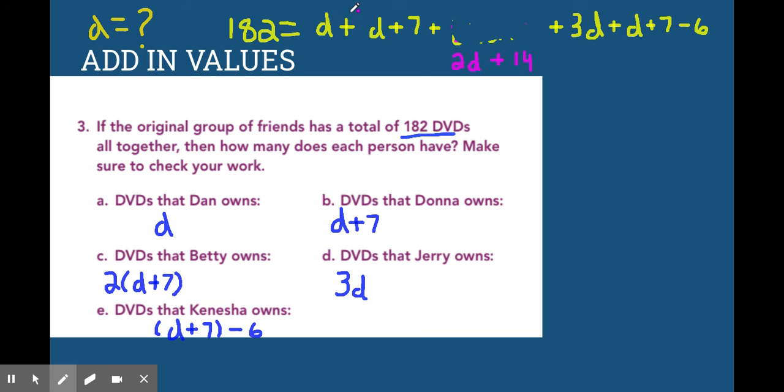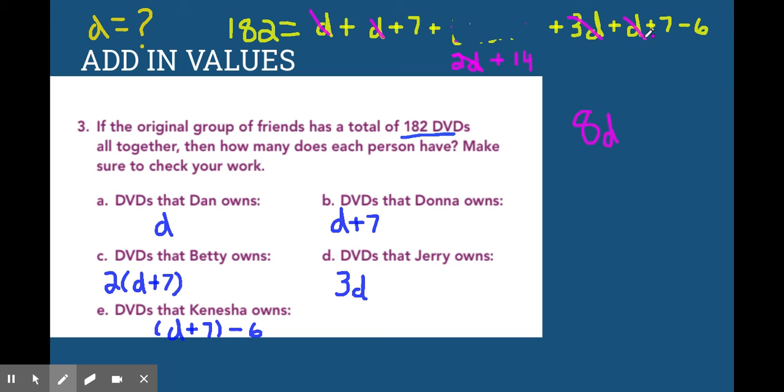Here I have 1D plus 1D is 2D, plus 2D is 4D, plus 3D is 7D, plus 1D is 8D. So when I combine all my like terms of D's, I have 8D. So I've combined all those, and I'm just going to cross them out so that I know that I've used all of them.